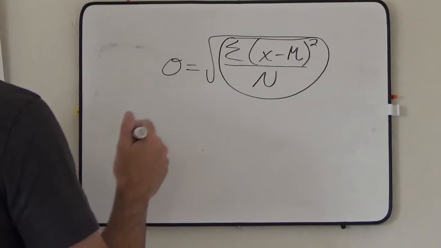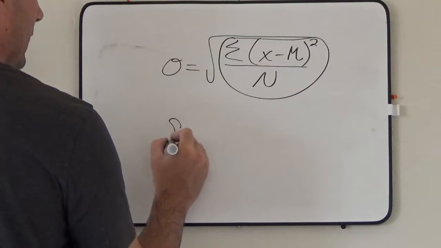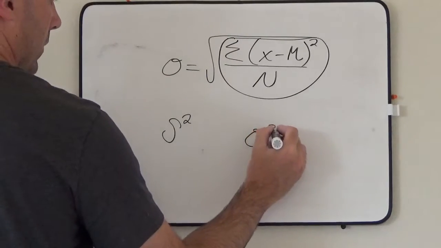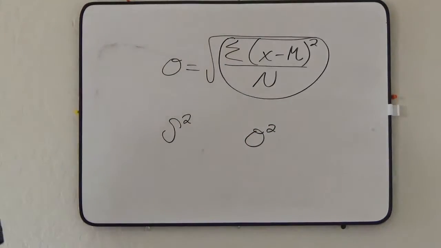That's your variance. So what we use to identify variance is s squared, or for the actual population, delta squared, okay? That is the value of variance. So when you need to find your variance, that's how it's done, okay?